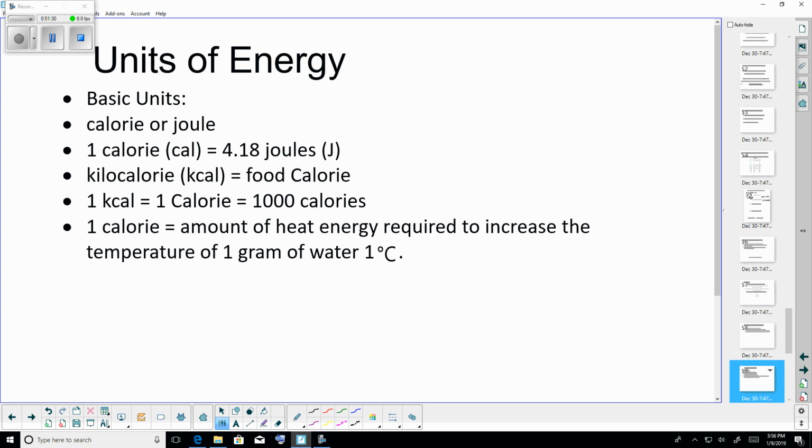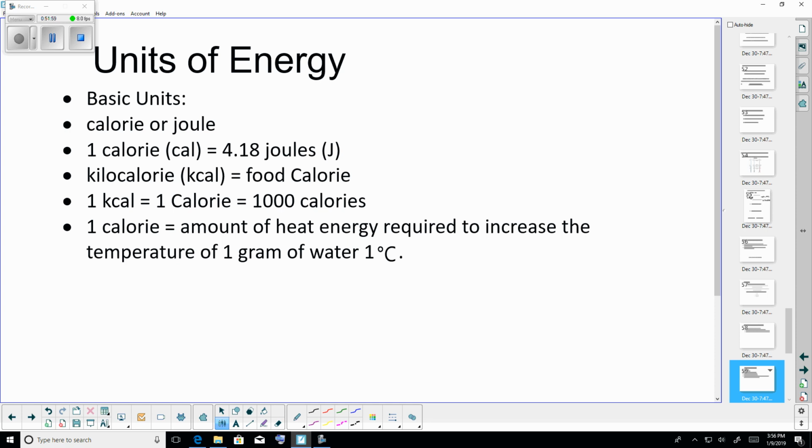Notice when we go to food calories, it's a capital C. Capital C means food calories. The little c is chemical calories. So when you look at your Snickers bar and it says contains 250 calories, those are food calories. It really contains 250,000 chemical calories, which explains why you have to run 45 minutes on a treadmill to use up the calories from eating a Snickers bar.